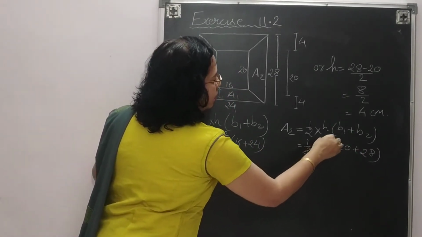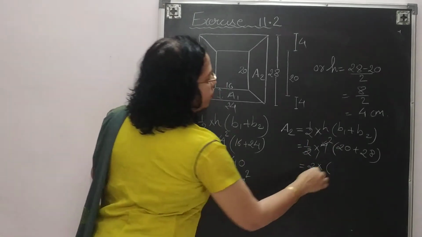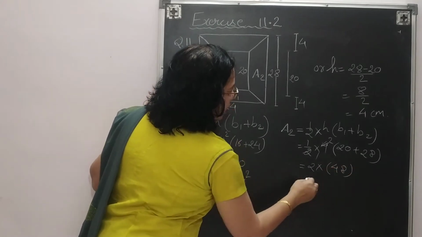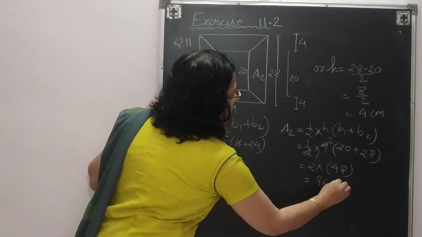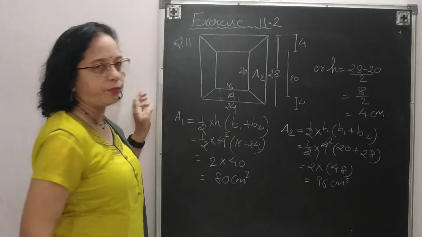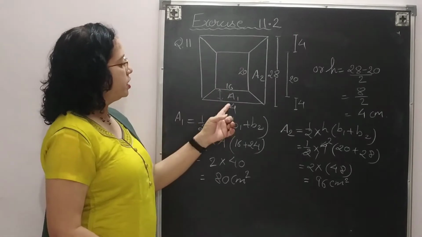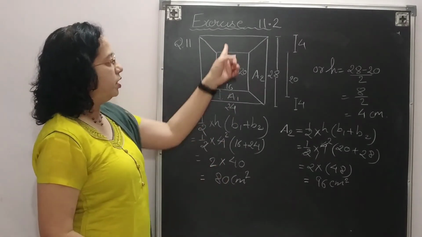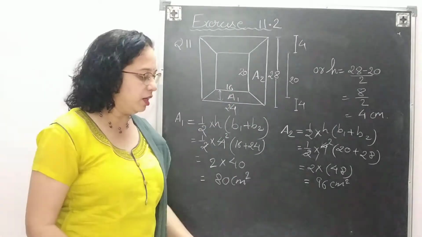So you can cancel the numbers. This is 2. Add 20 plus 28, which gives 48, and when you multiply by 2, you get 96 centimeter square. So in the same way, two of the areas will be 80 centimeter square, and the other two will be 96 centimeter square.